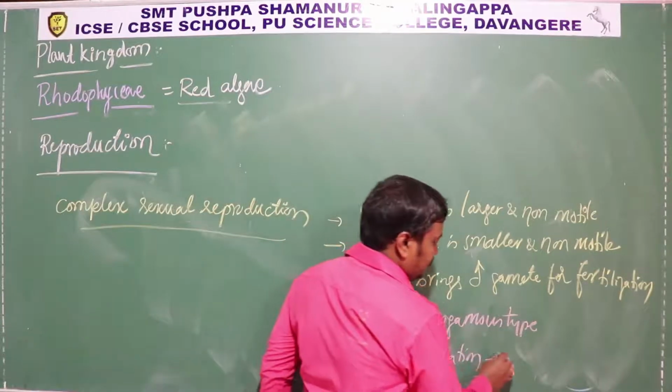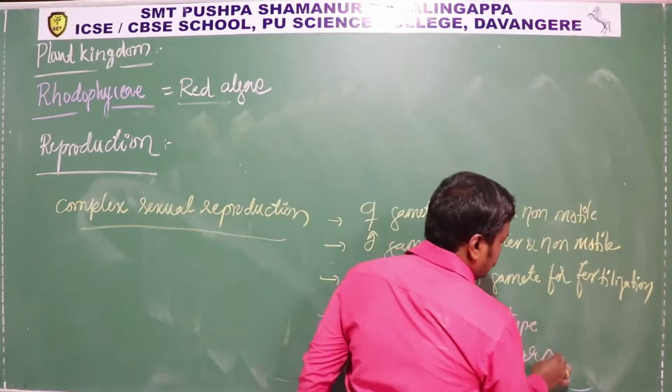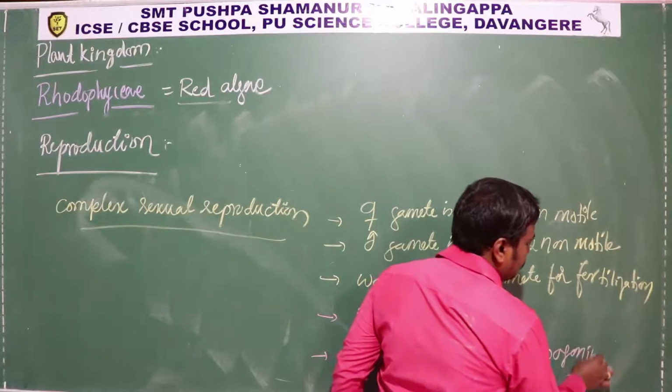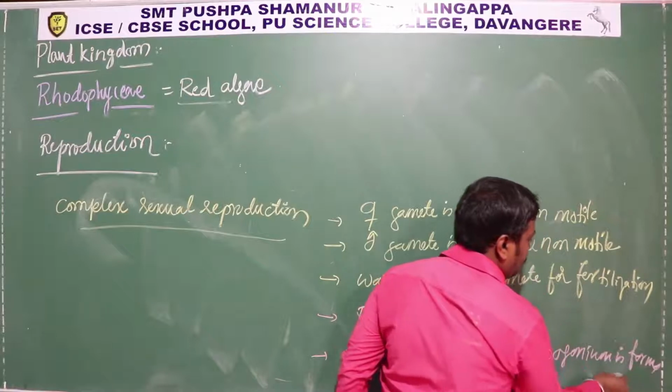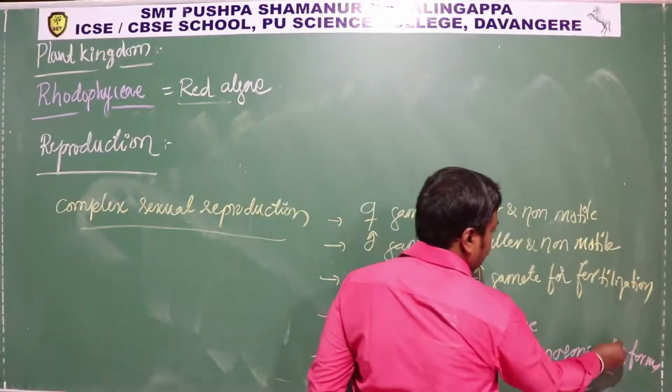After fertilization, carpogonium is formed. So this is a very complex structure.